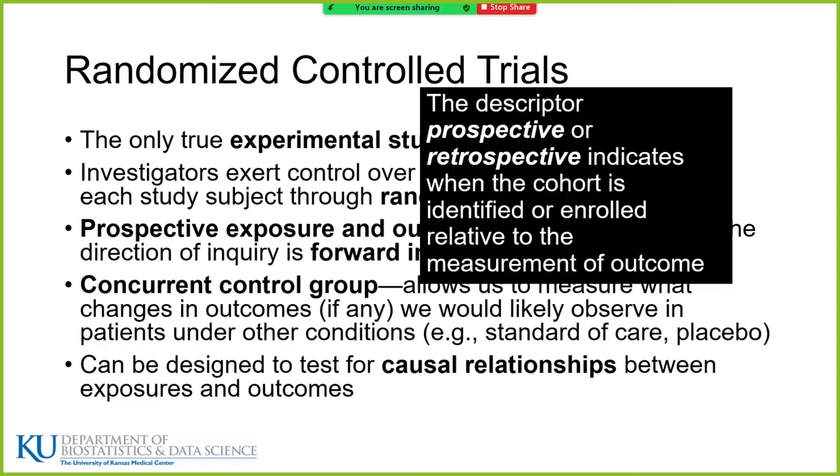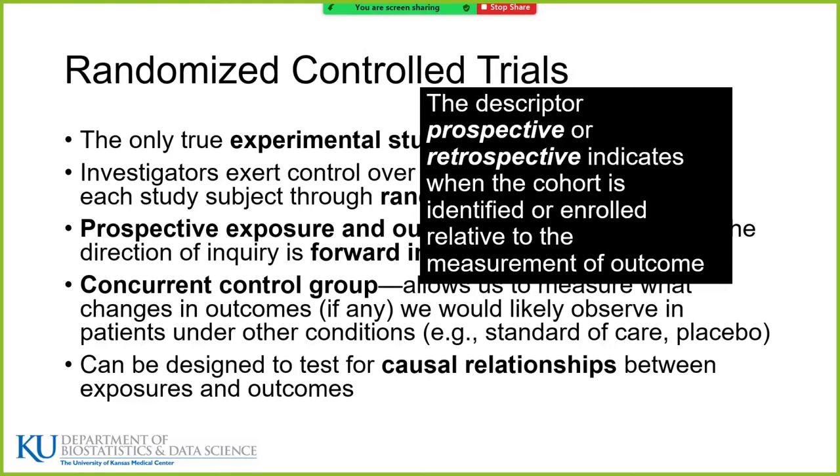So these descriptors, I touched on them briefly before, but I want to spend a little bit more time talking about them, because if you don't understand what I mean by prospective or retrospective, by forward or backward directional, you might not understand why it's a strength or a weakness of a particular design. The prospective or retrospective descriptor indicates when the cohort of patients is identified relative to when their outcomes are measured.